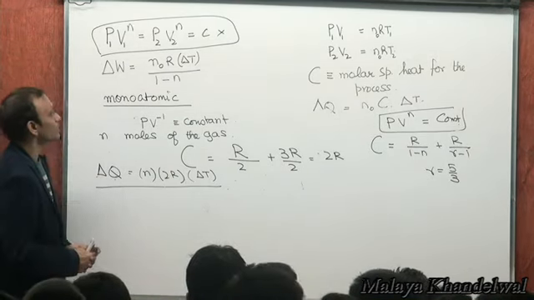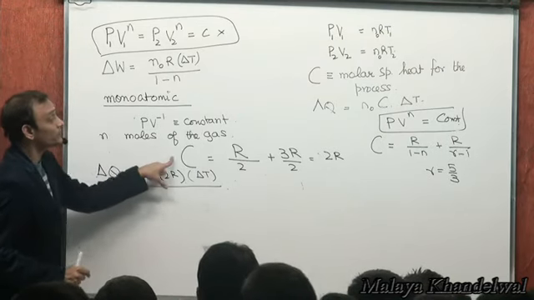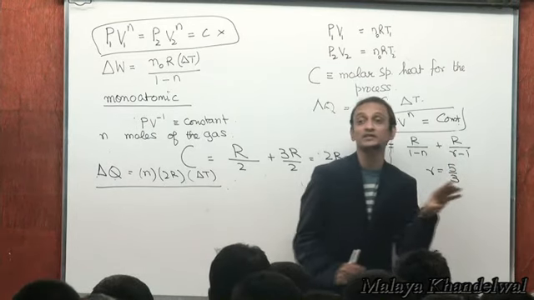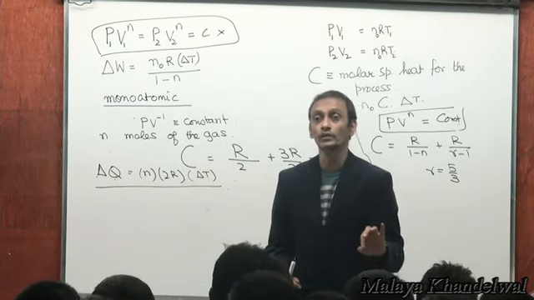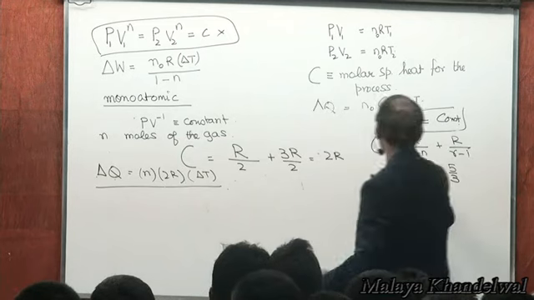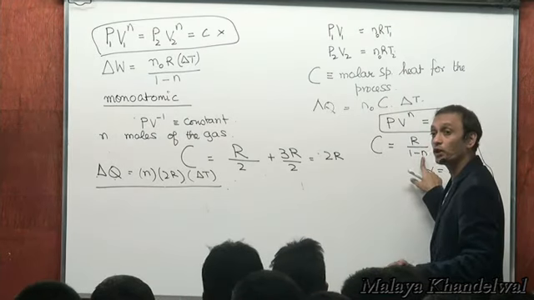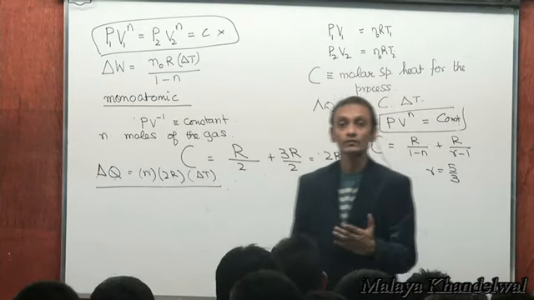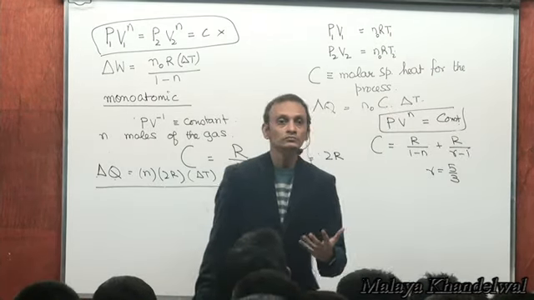That's the heat required. So computation of the C for a polytropic process, R by 1 minus n plus R by gamma minus 1, is important to know and remember. You must remember this result for a polytropic process with polytropic exponent being n.